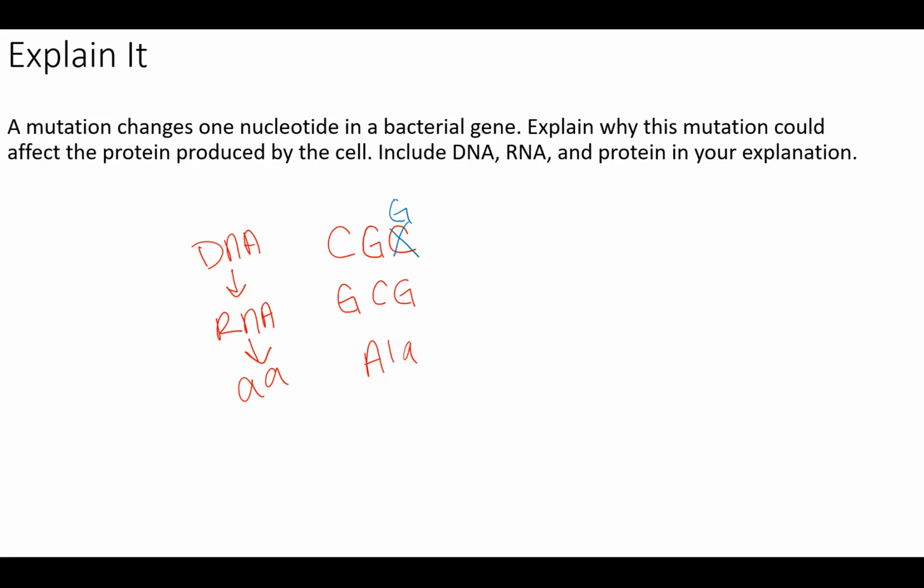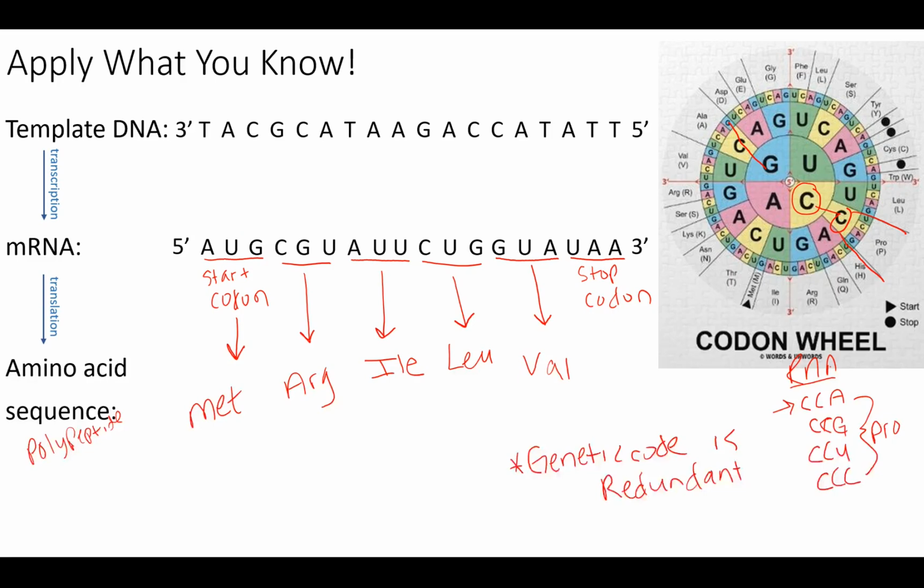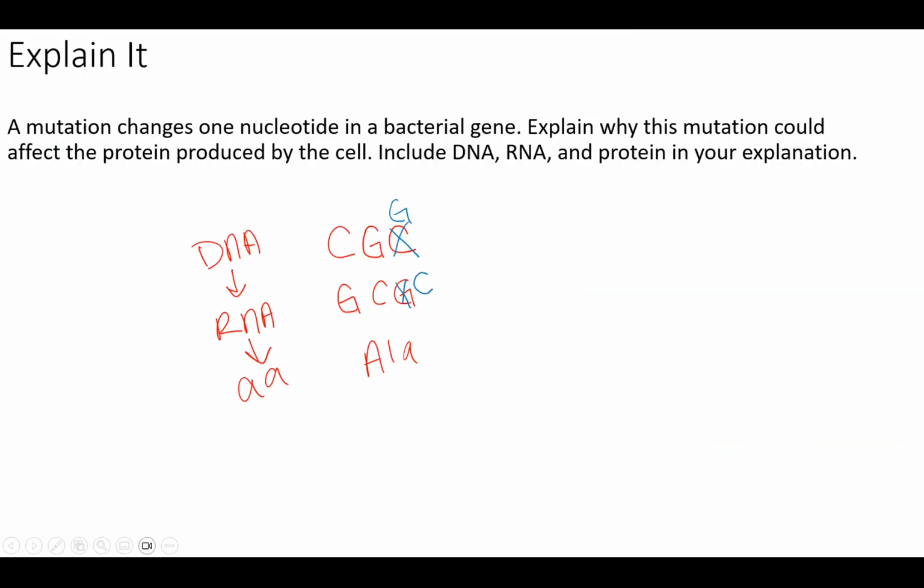So if we have a guanine here in the DNA, then when transcription happens, a cytosine is going to be included. Well, let's see what happens to the amino acid. So GCC, hey, it's still going to be alanine. So we're okay. No harm, no foul in this example. And now we're going to talk a lot more about mutations in the next video, but this is just a good little intro for it.